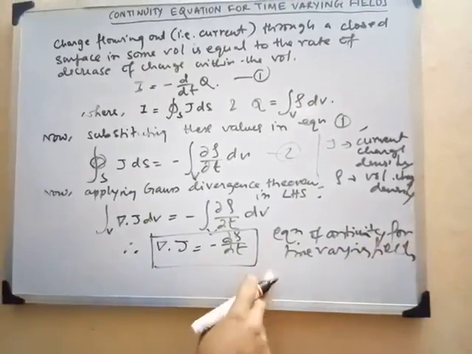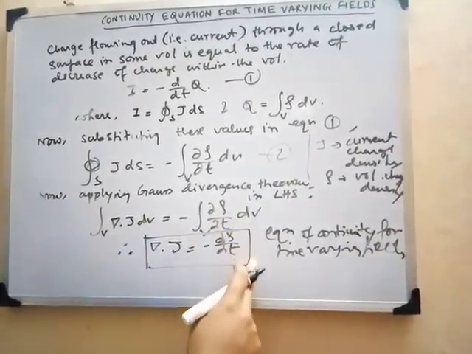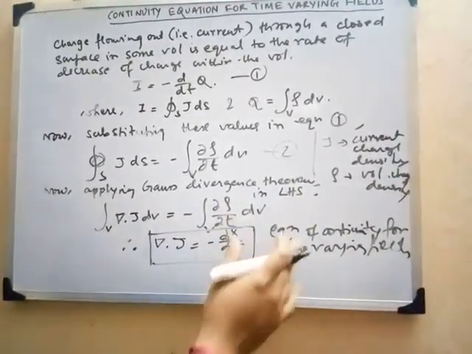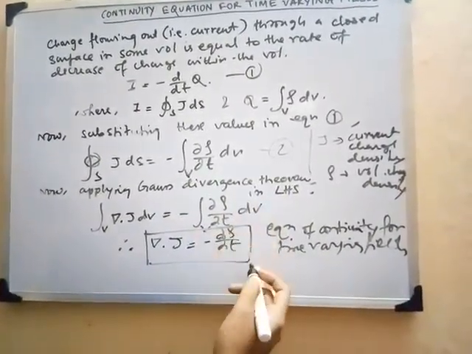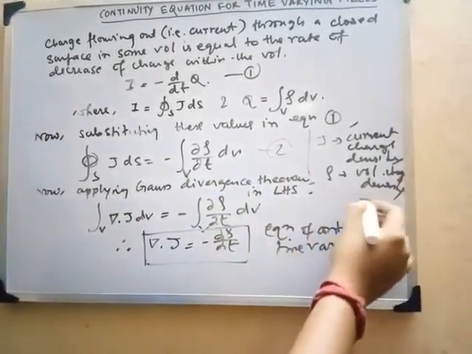This is the final expression. Only one thing you have to remember: we are considering a volume with some amount of charge, and that is why I am using the term rho, our volume charge density.